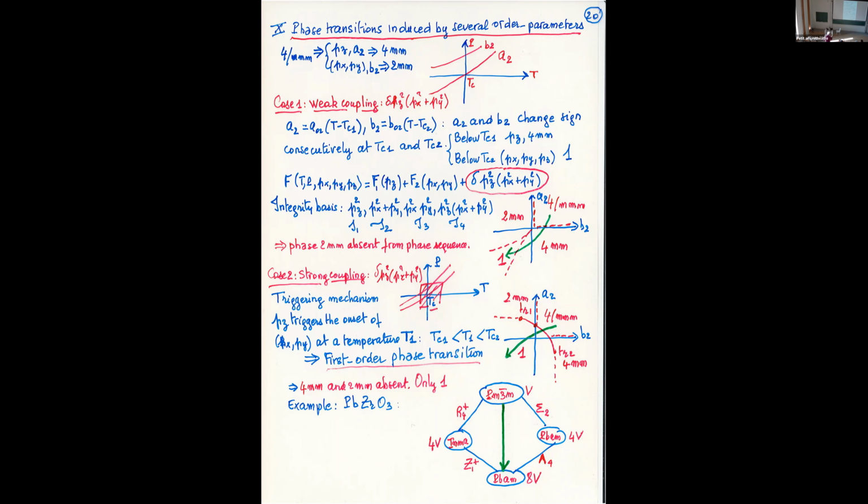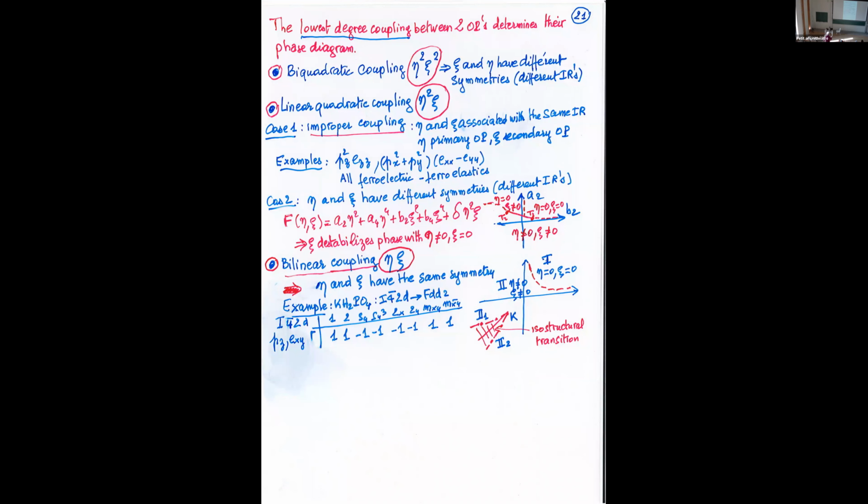All right. I just want to finish this second lecture by saying that biquadratic coupling is not the only coupling which has attracted interest, and we also have linear quadratic coupling. We have two types of linear quadratic coupling.